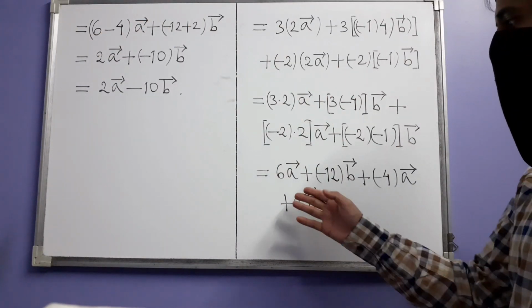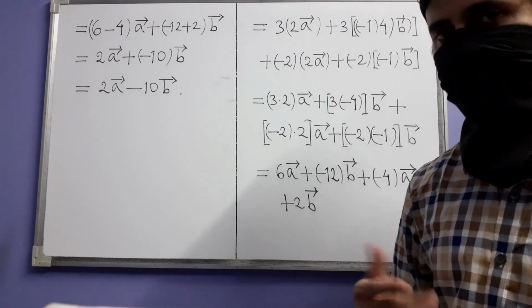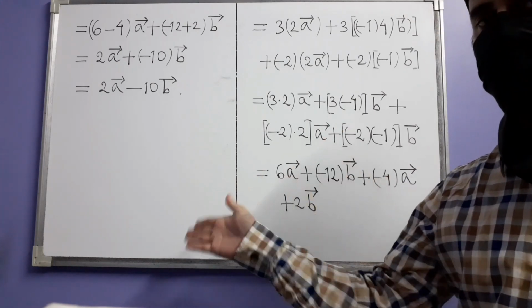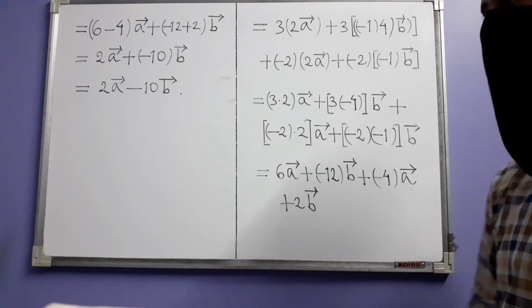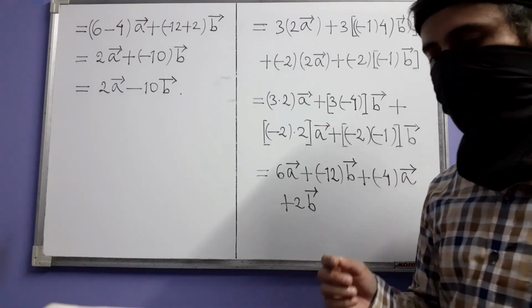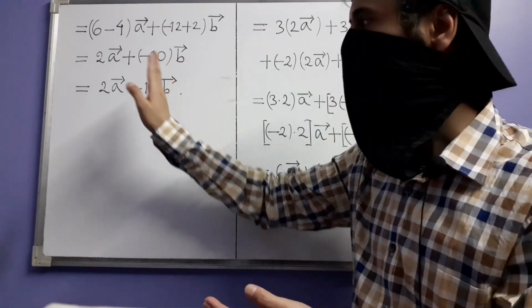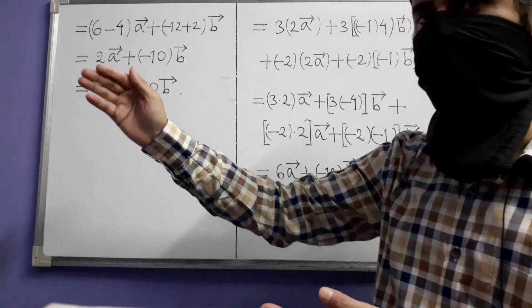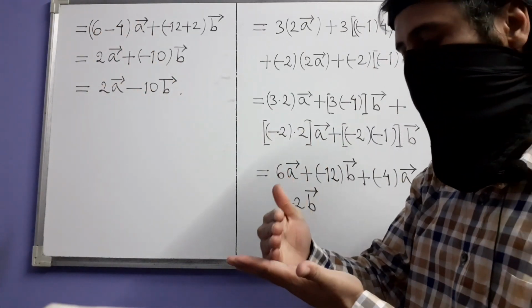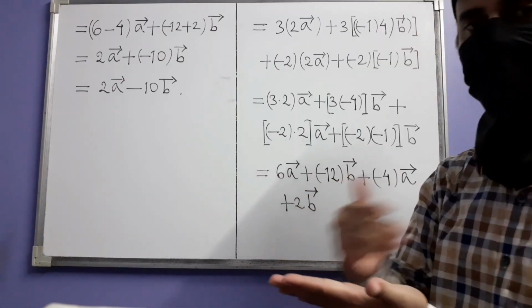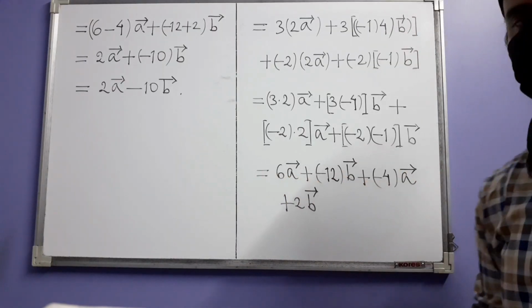Obviously it looks like something that we should be able to do, and we can do, but using which rule, which property? It is that property which tells us that lambda plus mu, you do not see plus here, but think of it as 6 plus minus 4, times a equals lambda a plus mu a.